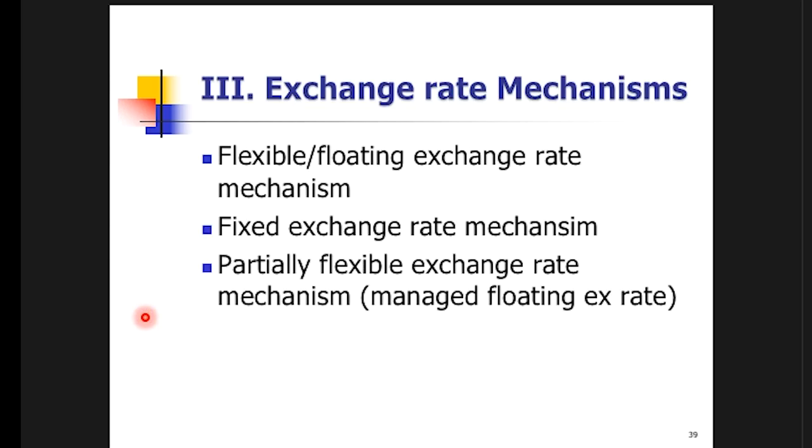So there are three typical mechanisms for exchange rate. The first mechanism is the flexible exchange rate. Second is the fixed exchange rate. And third, partially flexible exchange rate mechanism.